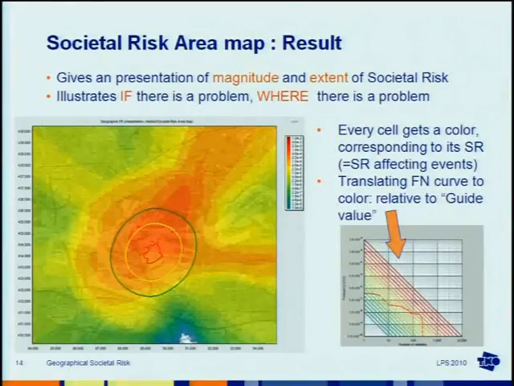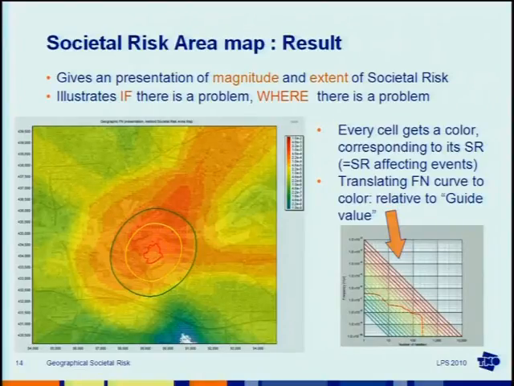This gives a totally different map. The same area, but now another illustration. It gives a clear view of the order of magnitude and the total extent of the societal risk. It illustrates if there's a problem and where there's a problem. We have a societal risk curve for every cell, but it's translated into a color by using the distance to the guide value.